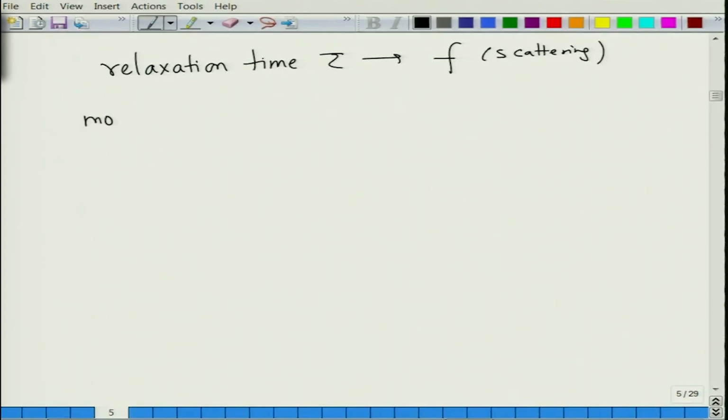So the more the means of scattering of electron are, the lesser is tau. So essentially what we say is that if you have things in the material which make electrons collide more or scatter more, it will have less average time spent between two collisions.